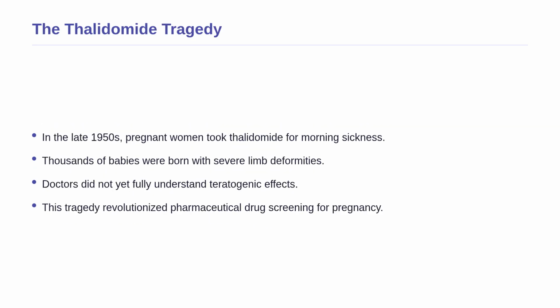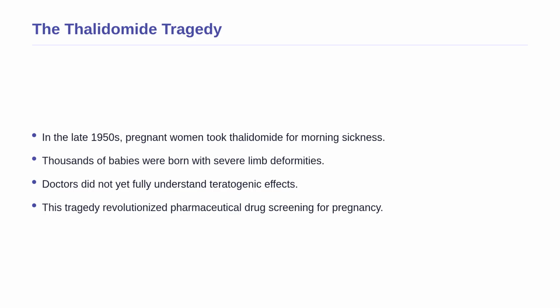To truly appreciate why this science is vital, we must look at history. In the late 1950s, a tragic real-world event occurred. Pregnant women were prescribed a mild sedative called thalidomide to combat morning sickness.